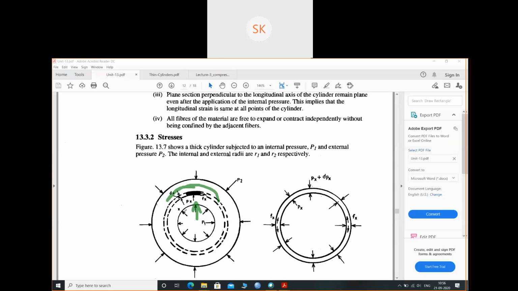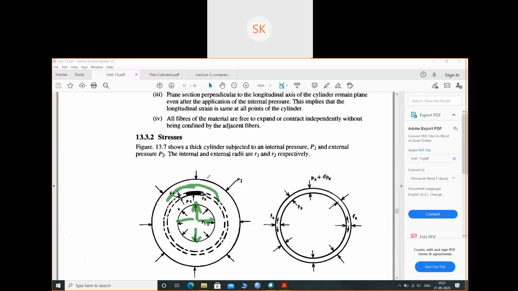Suppose this is the top view, and this pressure is acting. This is the wall of the cylinder. There will be a hoop stress, the circumferential stress, and a bursting force, which acts radially. The fluid is trying to come out from the section, applying force in this direction, and the circumferential force on this surface tries to resist that force.